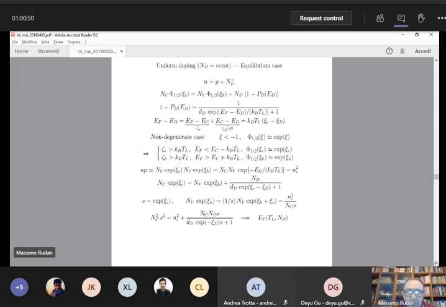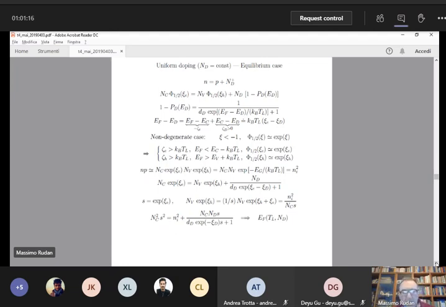Also, it is not possible anymore to make an estimate, because in this expression we also have the contribution of the donor, so it is impossible to make an estimate. The only way out is solving the equation numerically to find the position of the Fermi level. Okay.